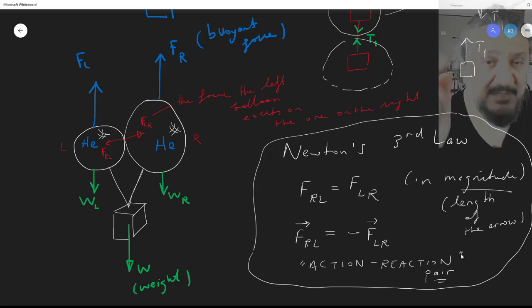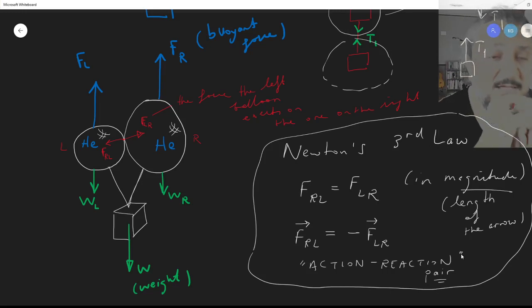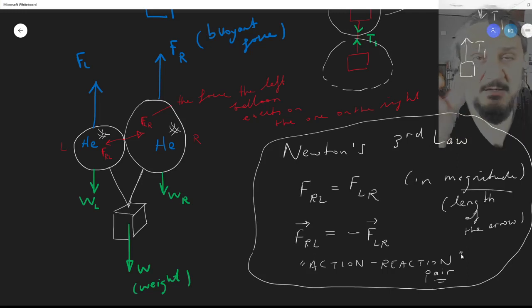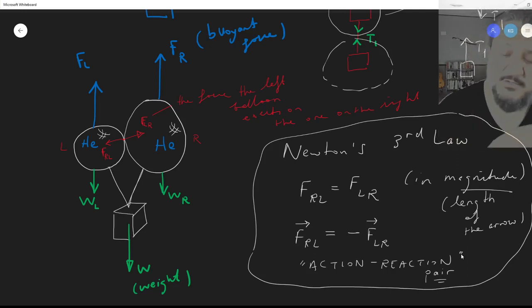I mean, it sounds trivial, but it's very important. It's a very common mistake to think about two forces that you can spot in a picture. They are indeed in opposite directions, and they are indeed of same length, which lets you write this equation just like this, mathematically identical, but they do not form a Newtonian action-reaction pair for the reason that they act on the same object. Okay, we don't want that.